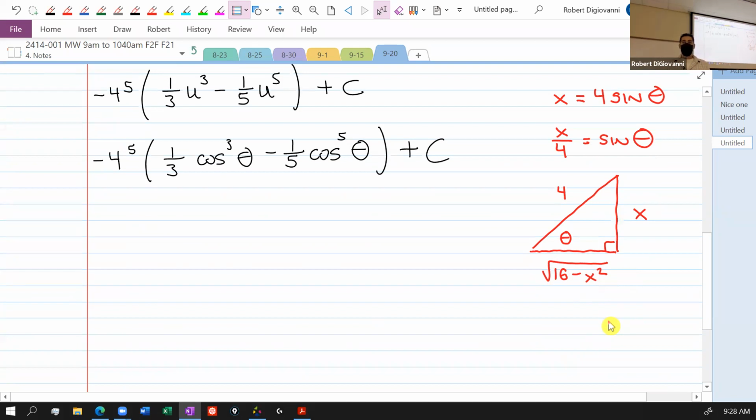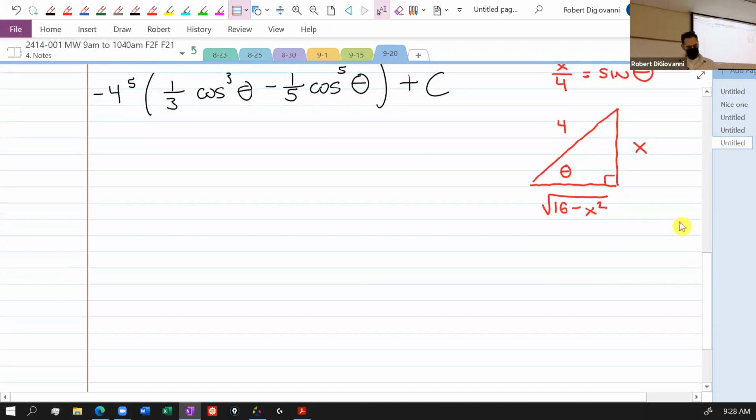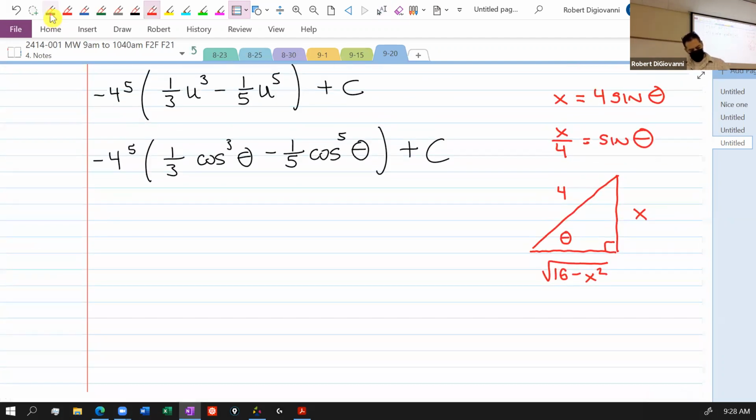Okay, you ready? So what is cosine theta according to this triangle? Adjacent over hypotenuse, right? It's this side over this side. So everywhere I see a cosine theta, I'm going to replace it with this square root over 4. Here we go. I forgot to tell you how much fun this was going to be. I should have told you all that in the beginning.